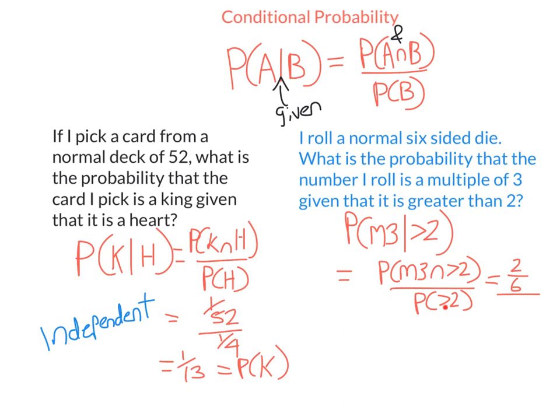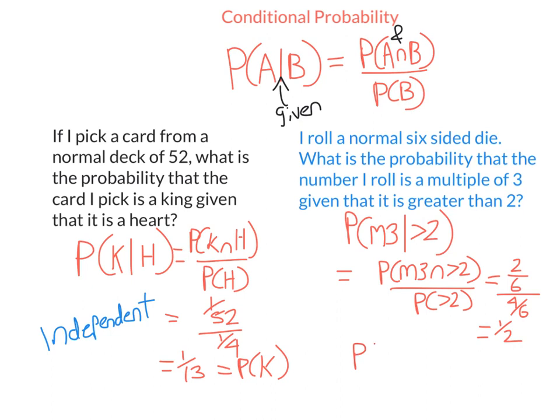So what's the probability the number I roll is just greater than 2? I could get a 3, 4, 5, or 6. So there are 4 possible outcomes out of 6 in total. Now, if you put this on your calculator, you get 2 over 4 or a half. So the probability that the number I roll is a multiple of 3, given that I know it's greater than 2, is equal to a half.